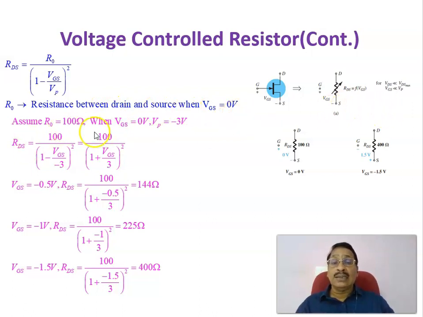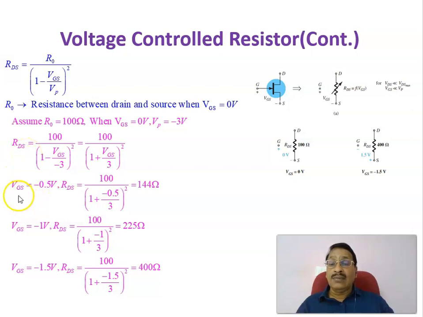Assume that R0 equals 100 ohms, and VP, the pinch off voltage, equals minus 3 volt. Applying this, RDS equals 100 divided by (1 minus VGS divided by minus 3) whole squared, or 100 divided by (1 plus VGS divided by 3) whole squared. For different values of VGS, if you substitute, you can get the resistance between drain and source.